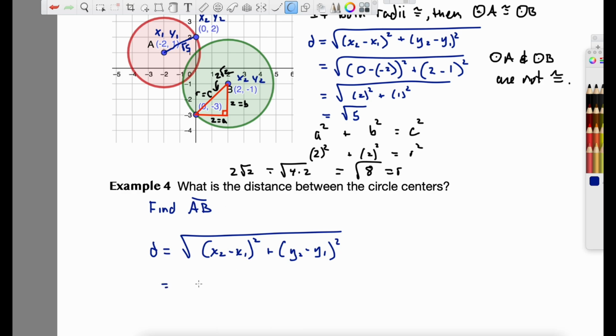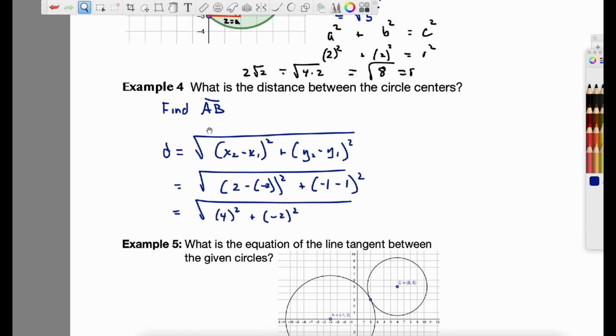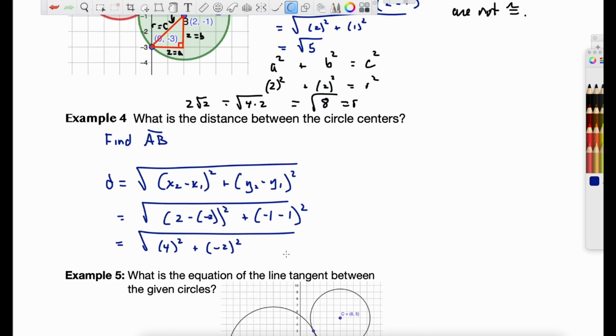So we get 2 minus negative 2 squared plus negative 1 minus 1 squared. 2 minus negative 2 is 4. 4 squared plus negative 2 squared. Oh, I'm running out of room. So let's bring it up here.